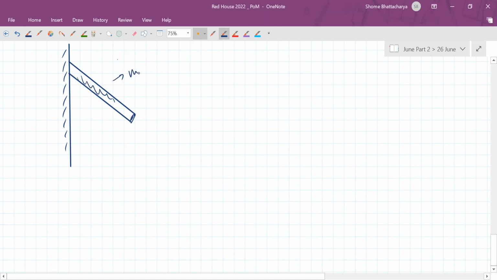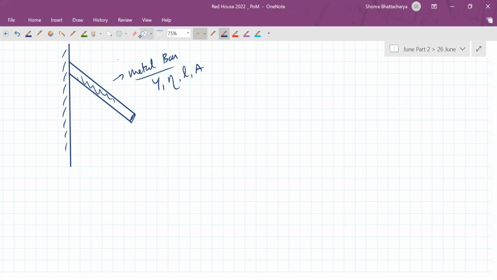So this is a metal bar which has Young's modulus Y, modulus of rigidity eta, natural length L, and area of cross section A. Now to this same one, if we attach some mass by hanging it vertically from the far end of the metallic bar, then what we will see is that the metallic bar will tend to bend.